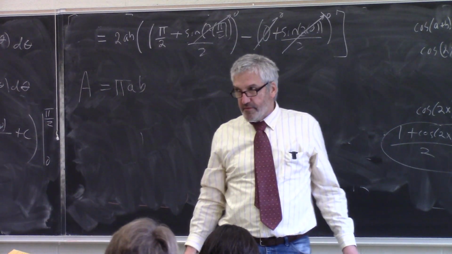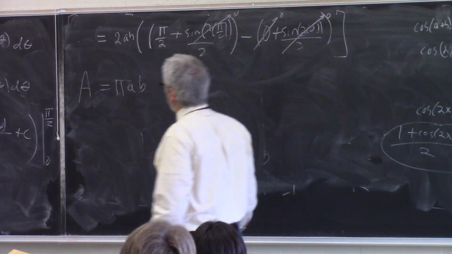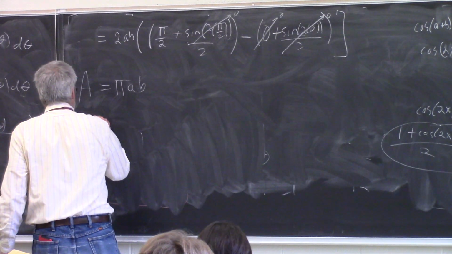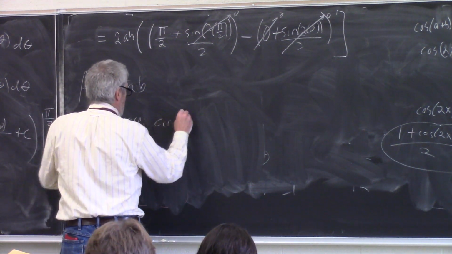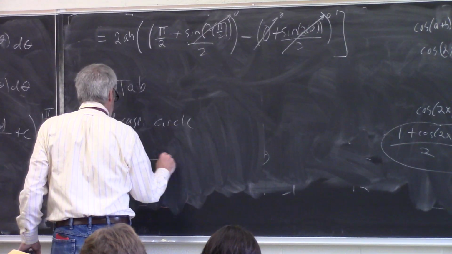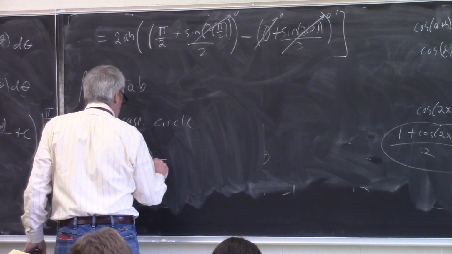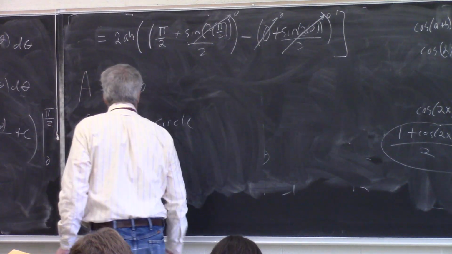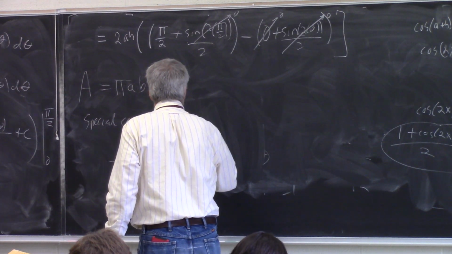I love this problem because it's got geometry in it. Area of an ellipse is pi AB. Special case is a circle. So if I have a circle, that's actually just an ellipse where both axes have intercepts A. So I get A equals pi times little a times little a.